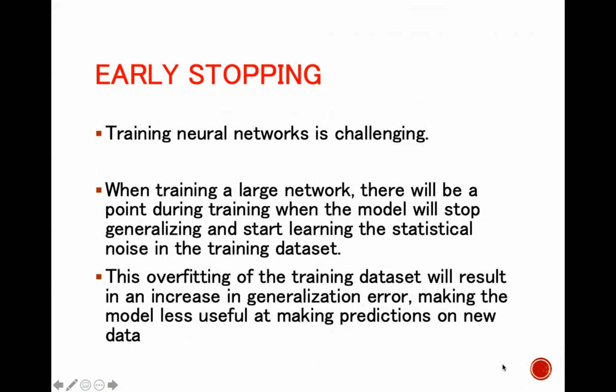Training of a neural network is challenging. When we are training a large neural network, there will be a point during training where the model stops generalizing and starts learning statistical noise in the training set.